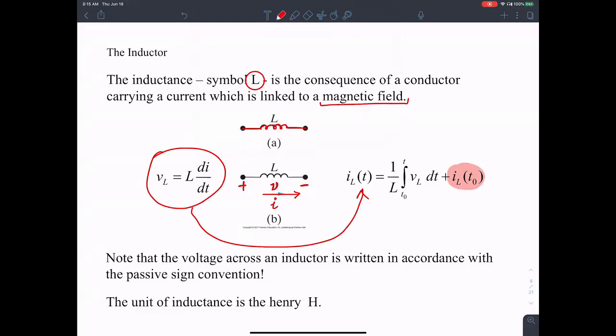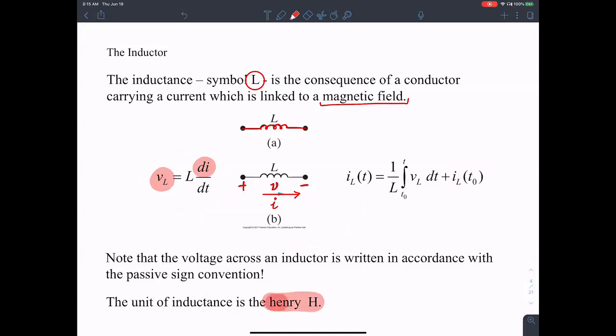That represents the initial condition. So here is the expression for the voltage versus current relationship in an inductance. The unit of inductance is the Henry, shown using H.